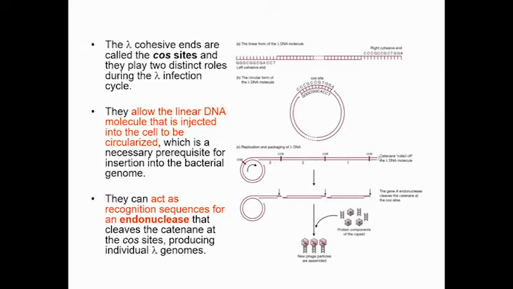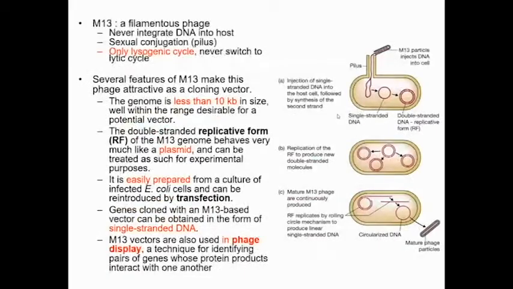So they allow the linear DNA molecule to be circularized inside the cell. This is the necessary prerequisite for insertion into the bacterial genome. And also the cos site can be the recognition sequence for the endonuclease that can cut the DNA, all right? And then for the packaging, when they cut, then you can package, okay? So this is the lambda chromosome.